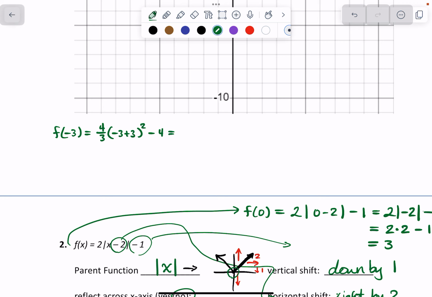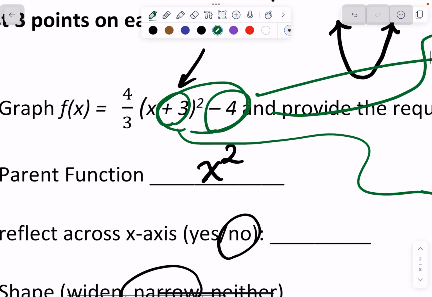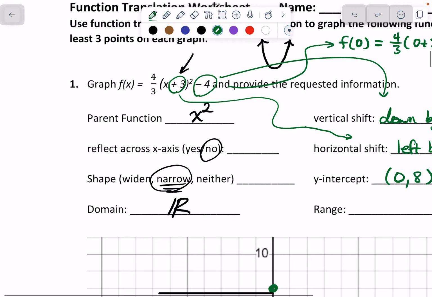And if you do that, you get 0 minus 4, which gives you minus 4, right? In fact, really, if you see those translations, they usually tell you the coordinates of the vertex. You could memorize that if you wanted to.